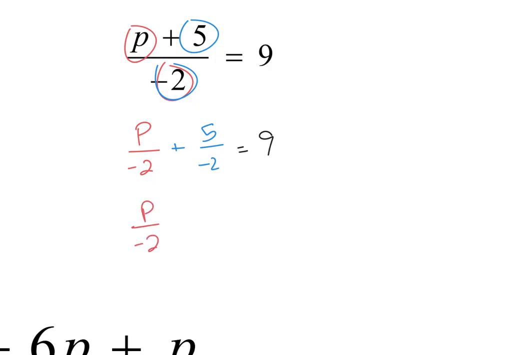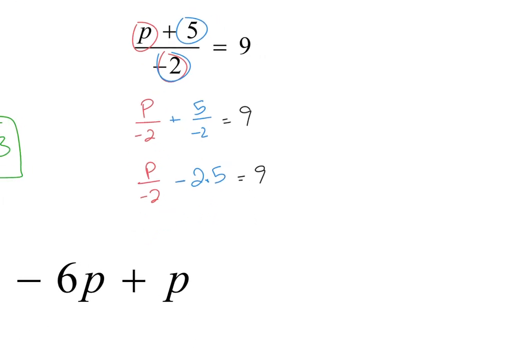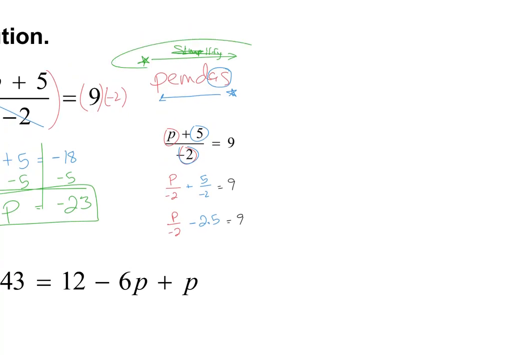This blue part is kind of a bummer because 5 over negative 2 is really negative 2.5, right? And that's not bad. And if you're a fraction person, it's negative 2.5, and that still equals 9. So okay, I have now simplified, which is what I was saying up here.